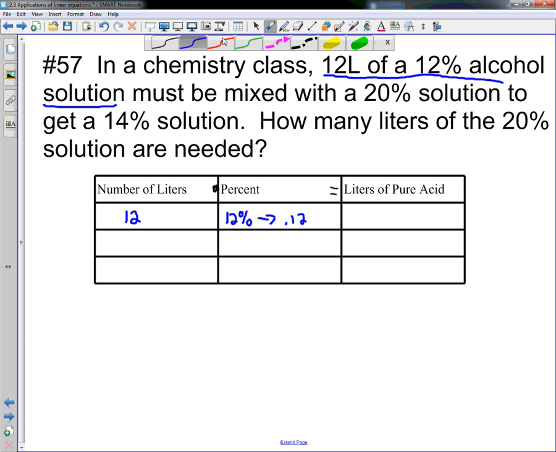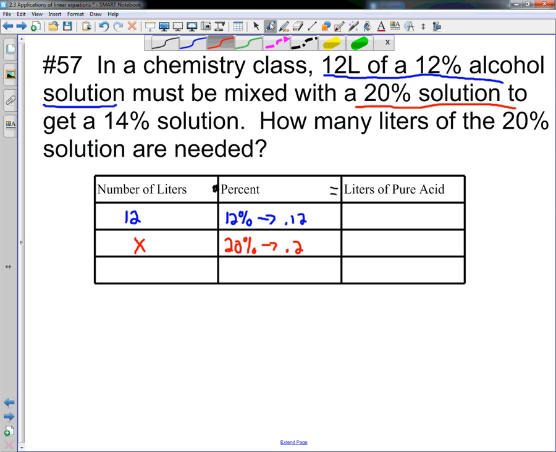My next one says must be mixed with a 20% solution. So my next one is 20%, and it's 0.2. Now it doesn't tell us how much of the 20%, and if you continue reading, notice that it's asking how much 20% is, so that's a variable.